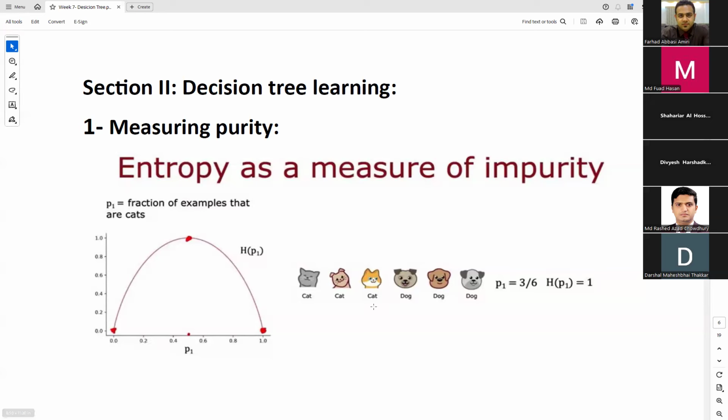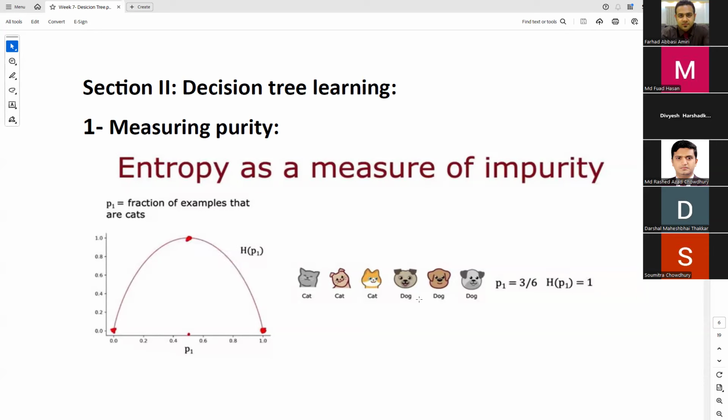So when all the animals in this group are cats or all are dogs, then the entropy is 0. It means it's 100% pure, because all of them are just one kind of animal. There is no impurity. But if it is 50-50, the entropy is the worst.